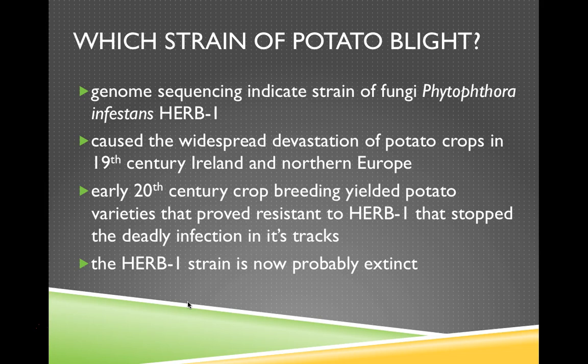Now, fortunately, there were other strains of potato that were naturally resistant to the infections caused by the HERB1 strain of Phytophthora. And as such, it's thought that today, this particular pathogenic or disease-causing strain of fungi that caused the Great Potato Famine does not exist anymore. At least we certainly hope so.